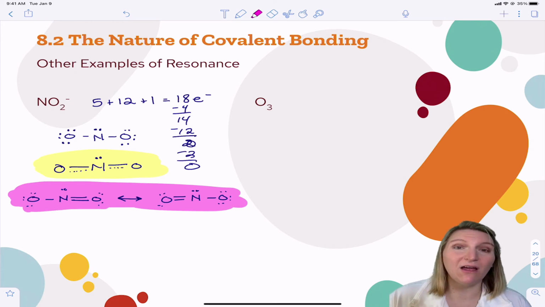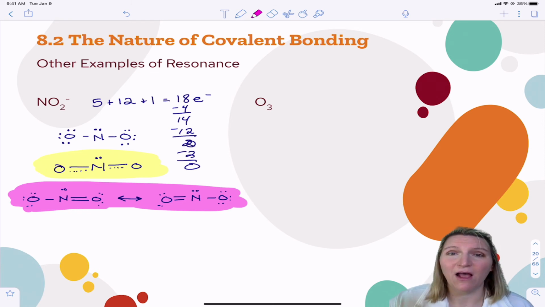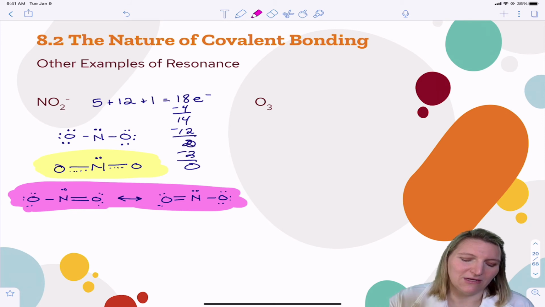Like I said, the one in yellow is my preferred way of drawing it because I think the way in pink gives students a misconception that it flips between those two Lewis dot structures, when in actuality, it doesn't flip between those at all. It just is the average of the 2. I feel like instead of saying green paint, it's like saying this is the mixture of yellow and blue paint. Like, well, why don't you just show the green paint?